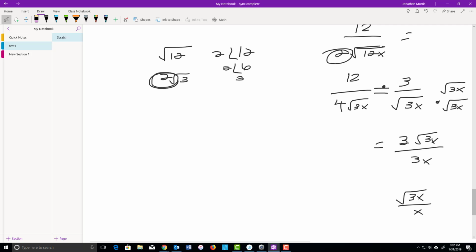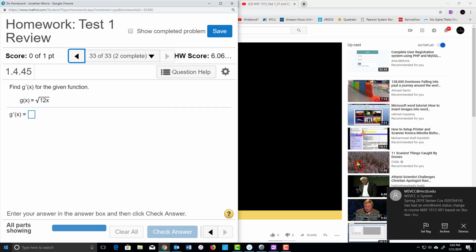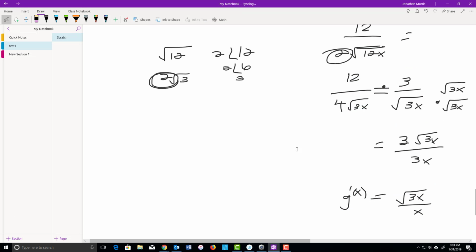That is the limit of the difference quotient as h approaches 0, so that's the derivative of g of x. This is g prime of x right here. The question is only asking for g prime of x.